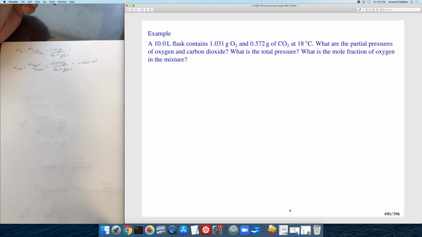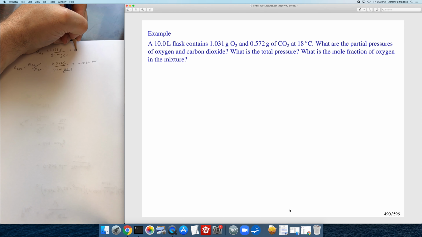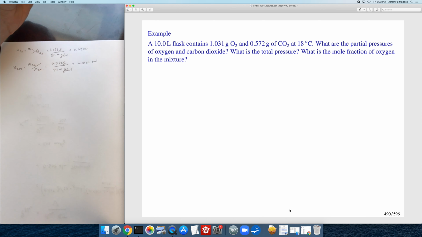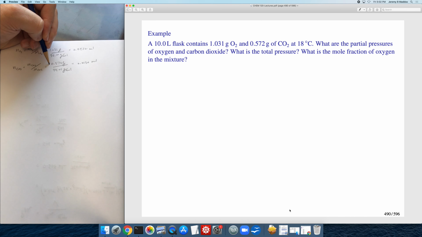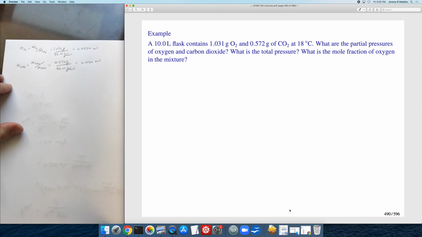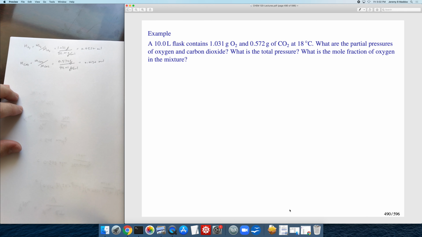And the first one, 1.031 divided by 32. Just going to check this number. Yeah. So we have the number of moles of each component.